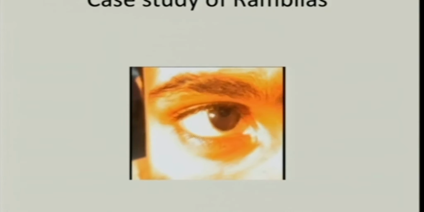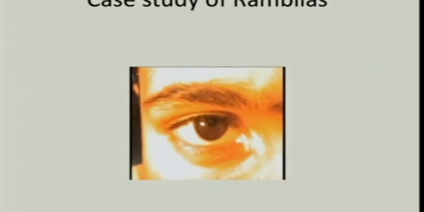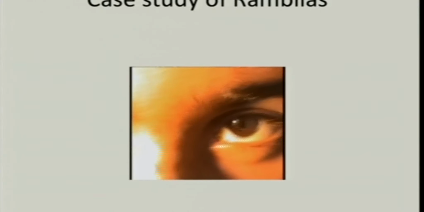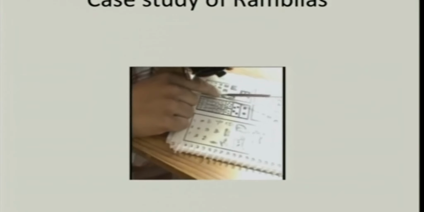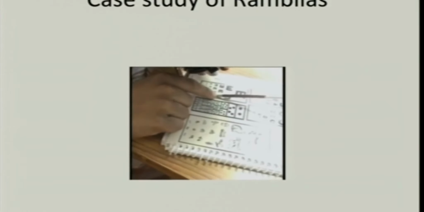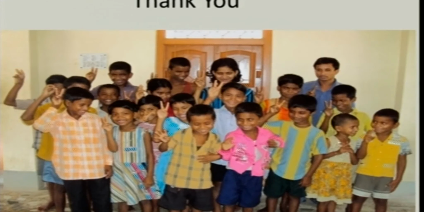So low vision service is not centered around some devices. It's a mix of clinical judgment and the use of devices. So the guidance should come from the ophthalmologist. So these are the group of children brought from one of the districts. So if we go out of our boundary, we can really help them.